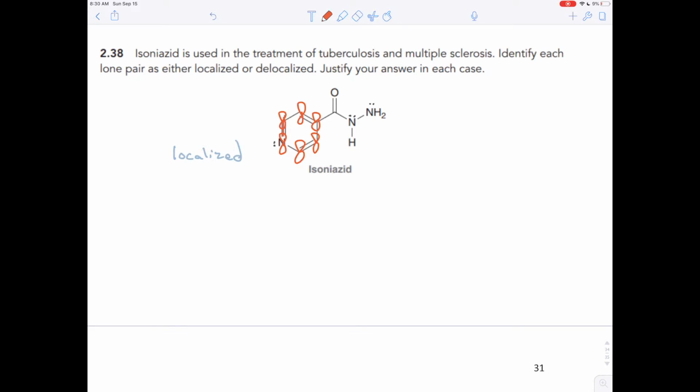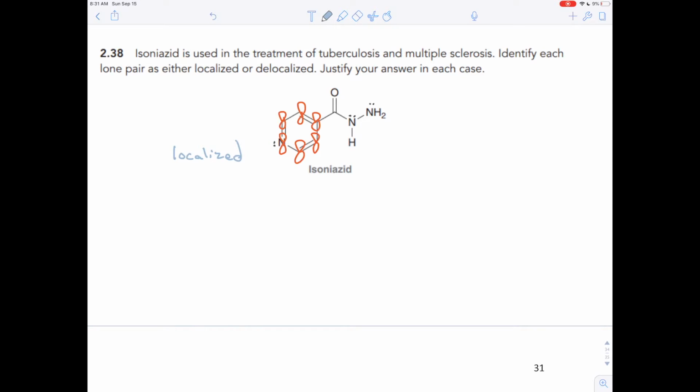The py orbital that is parallel with the p orbitals in the pi bond is already being used by the pi bond, which means that there's only the px orbital, which would be like that, and you notice that doesn't line up parallel with any of these p orbitals, so it wouldn't let the electrons in the lone pair spread out, or the pz orbital, which has the same problem.